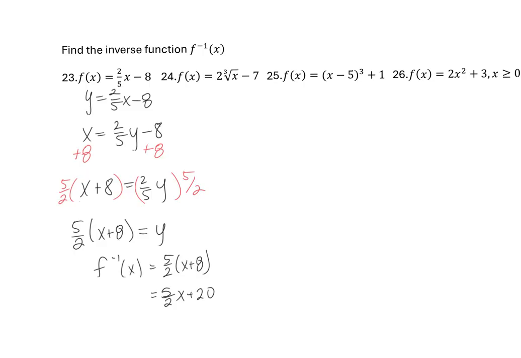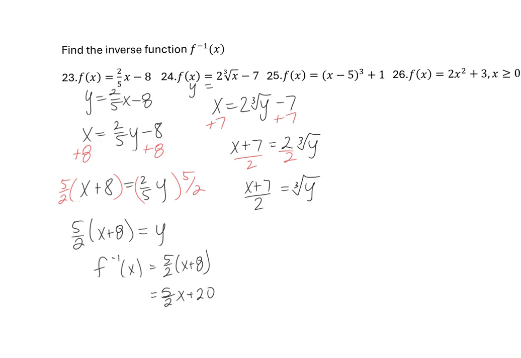Okay, number 24, I'm going to just start with x equals 2 cube root y minus 7. Okay, you can write y equals if you want. And now I'm going to solve. So I'm going to get y by itself by adding 7. X plus 7 equals 2 cube root y. I need to get rid of the 2 before I do the cube root. So x plus 7 over 2 equals a cube root of y.